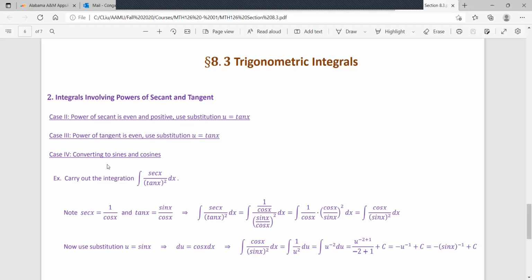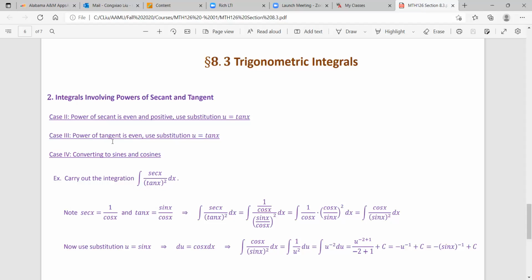And the other case is converting to sines and cosines. It is always helpful when you have different trig functions to integrate to convert all those functions in terms of sine and cosine. And then we can use the rules for the first category to perform the integral.